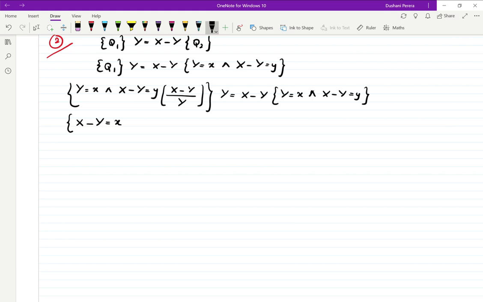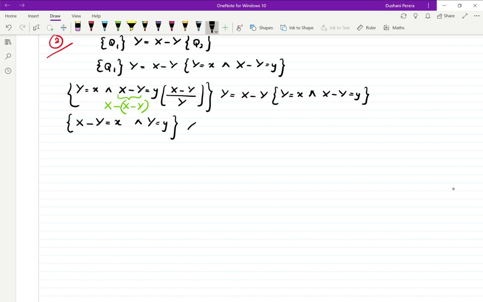Y is the letter that we choose as x. So we have this, and y equals y. So what happens here is we have x minus y. So what's remaining is plus y.